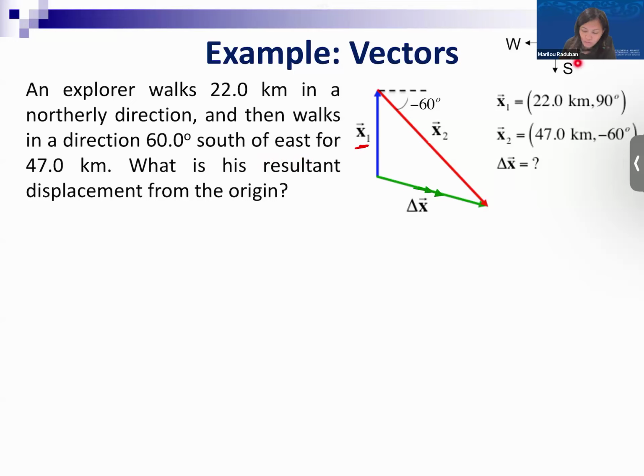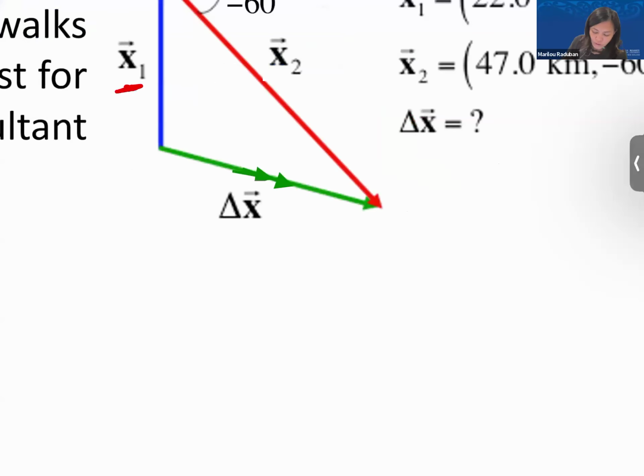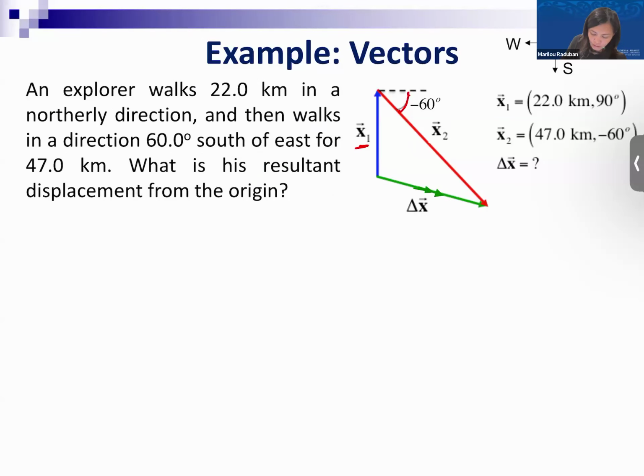So south of east will be below the positive x-axis, so that will be negative 60 degrees if you're measuring the angle this way in a clockwise direction. Also notice, as I mentioned in the previous slide, this diagonal vector is in the fourth quadrant, and therefore the angle will either be negative 60 degrees or 360 minus 60 degrees.